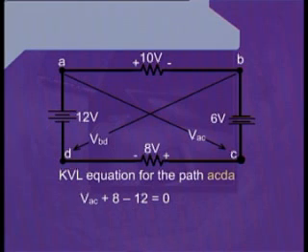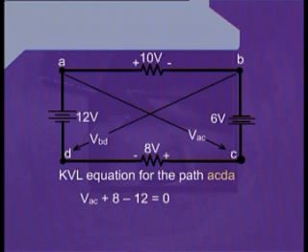Also, we consider that the terminal of VAC which is towards the point A is positive. We have considered it as positive because it is directly attached to the higher level of the voltage source having a value of 12 volts.